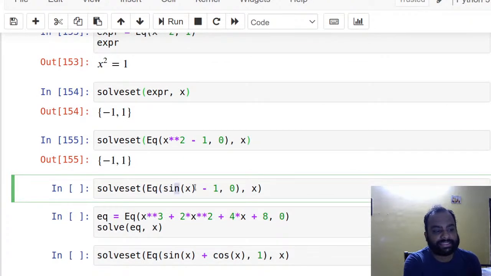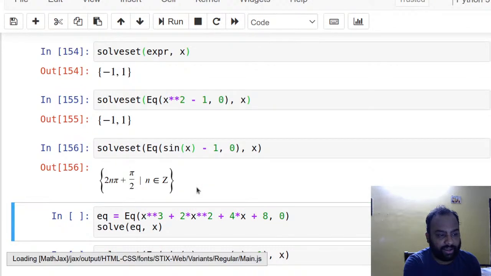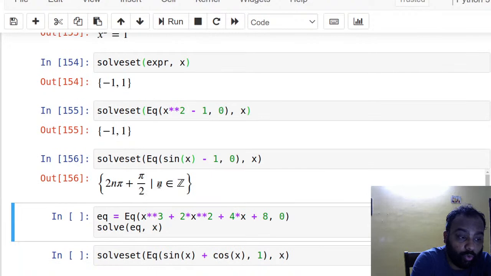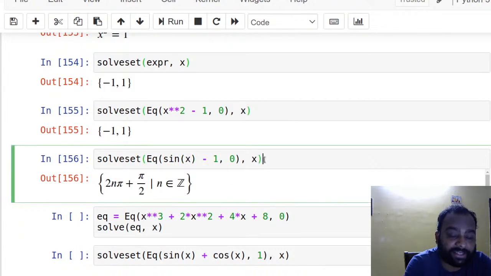Another example, sine x minus 1 is equal to 0. So sine x equal to 1. If I solve that, the result is 2n pi plus pi by 2, where n is any integer, including positive and negative integers, including 0. So that's the solution. You might have studied this in school, in mathematics, in a chapter called General Solution of Trigonometric Equations.